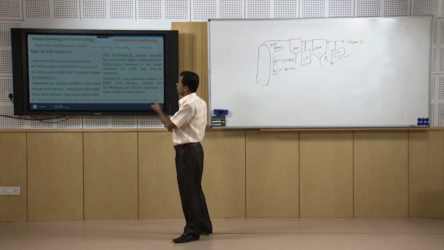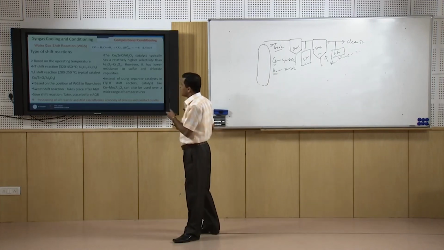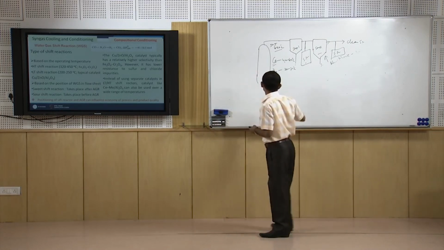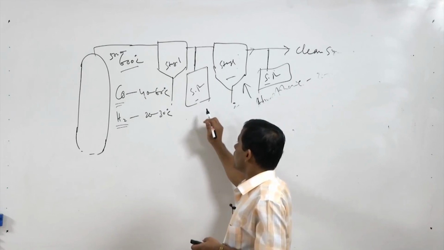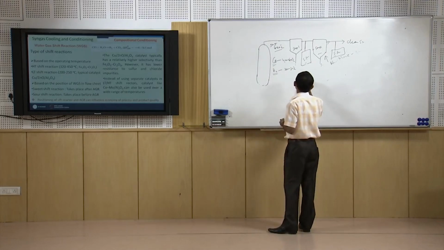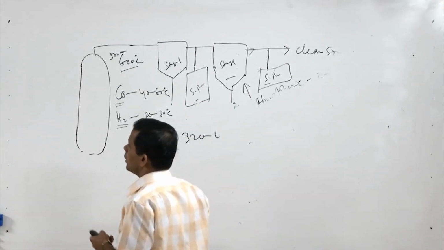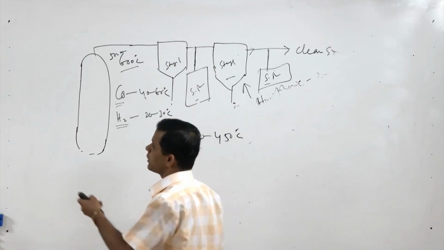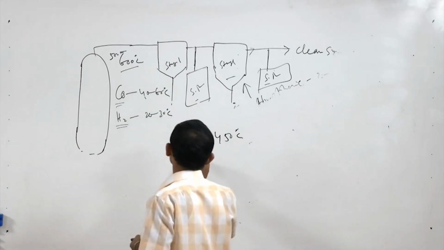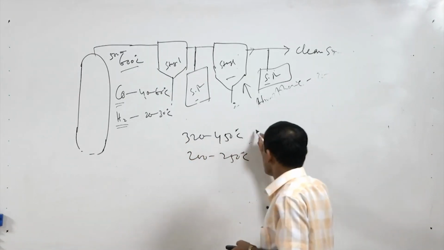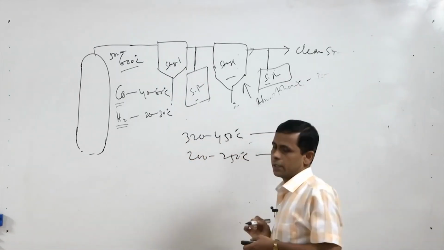So, now we have two types of shift reactors: one is the high temperature shift reactor, and another is the low temperature shift reactor. High temperature means say 320 to 450 degrees centigrade, and low temperature means say 200 to 250 degrees centigrade.